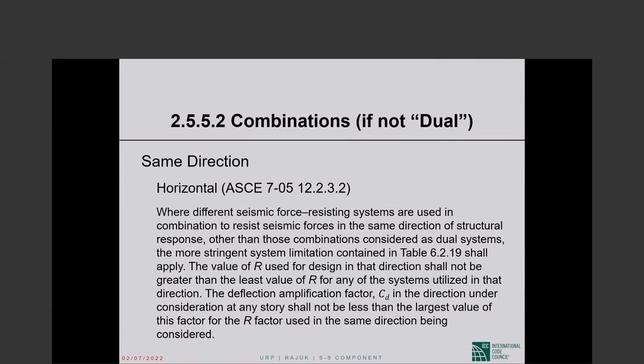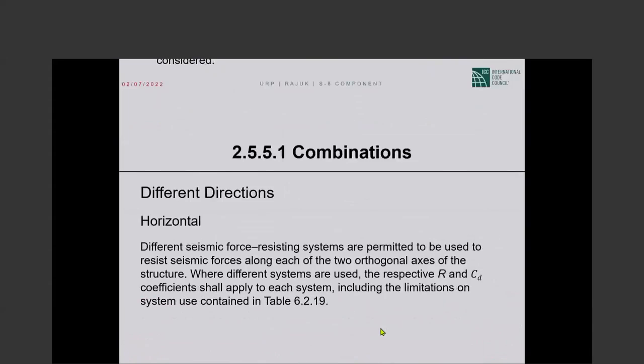In that case, you shall take the larger C sub D, or the largest C sub D, for that same R value. If you have 3 systems strung together that have the same R value, but the C sub Ds are different, you will take the largest C sub D. Okay, so this is a little bit of a tricky language.